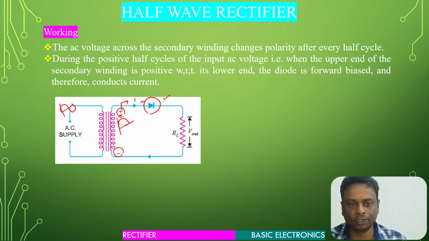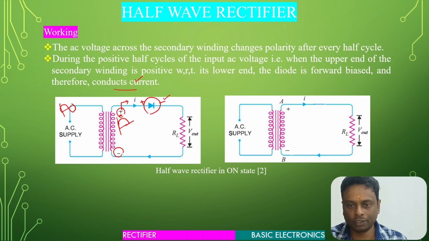This end is positive, this end is negative. So the diode will be forward biased and will therefore conduct current. The diode will act as a short circuit equivalent. You can see over here, this is the on state, the short circuit equivalent.